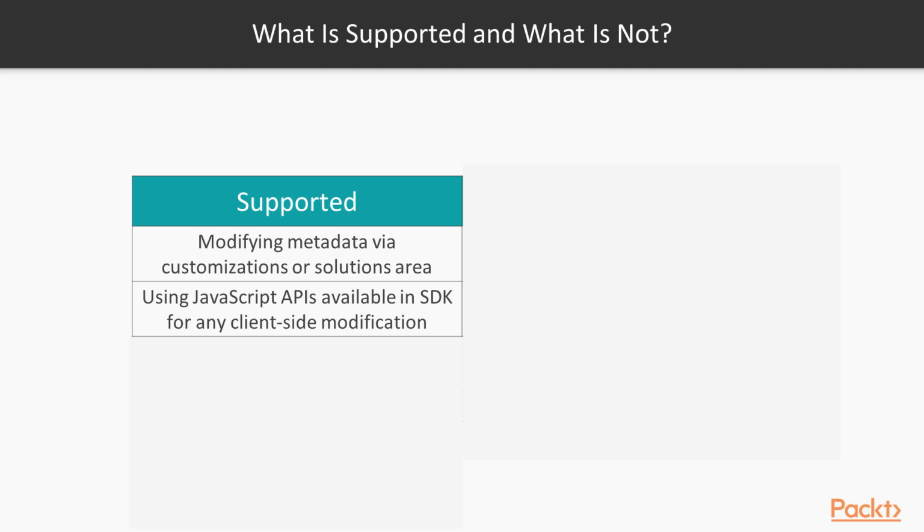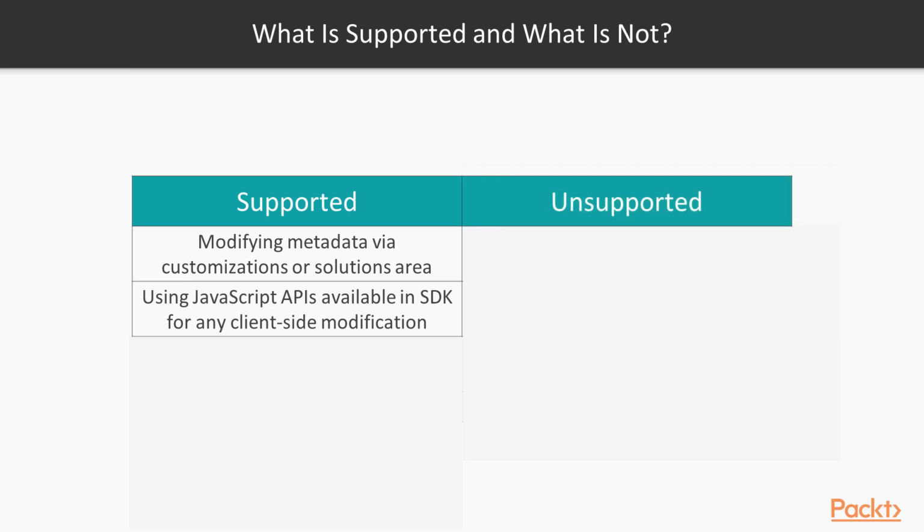Microsoft publishes an SDK which is available the moment any new release to the platform happens, and all these guidelines, techniques, APIs, and information about everything is documented in the SDK. I think that's pretty much it for supported customizations.